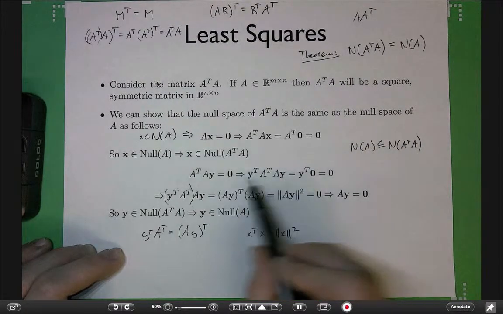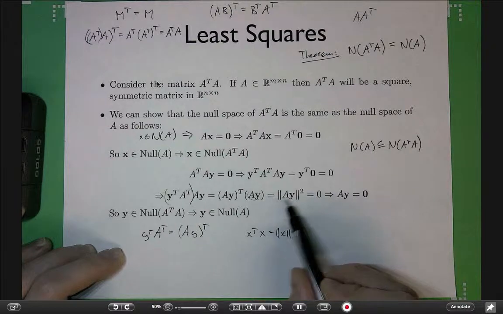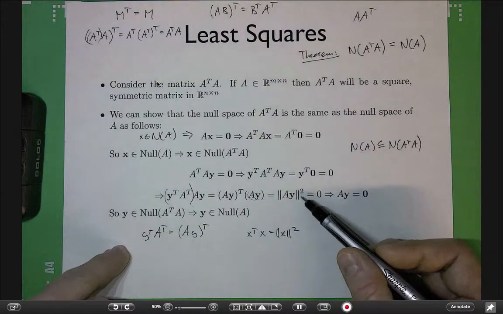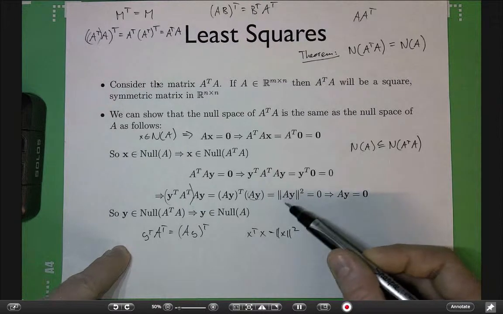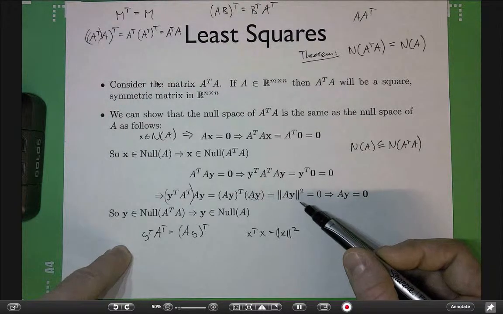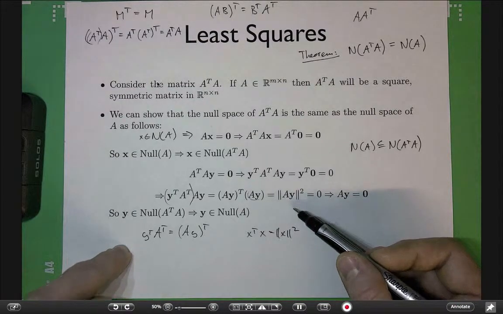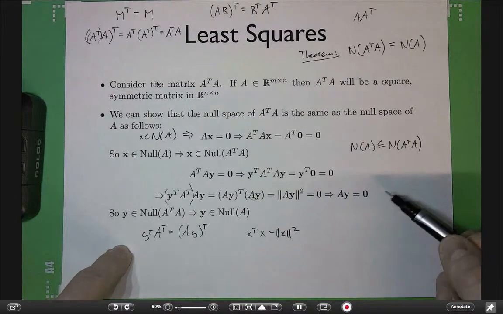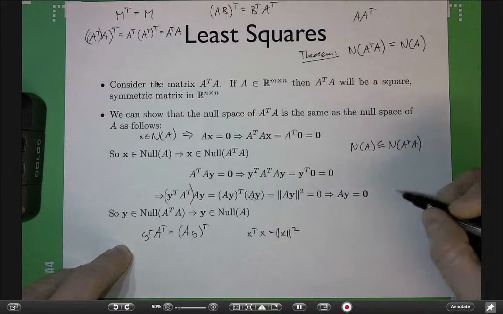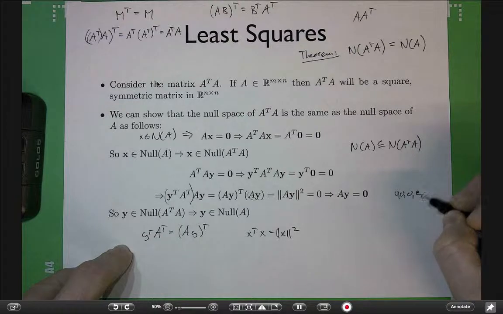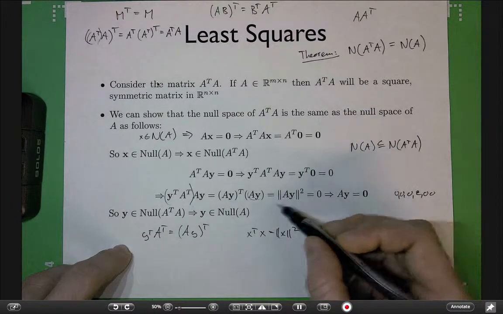Because we know that this is 0, that means the square norm of Ay is 0. But there is only one vector whose square norm is 0: the zero vector. That means that Ay has to be 0. If Ay was not 0, if it had somewhere some small epsilon, then there is no way the square norm could be 0.